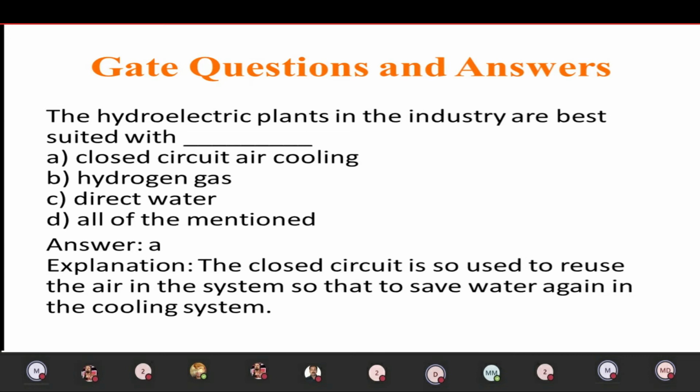So we do not require the high cost cooling types, that is hydrogen gas and direct water. Both are very high in cost, because hydrogen is a flammable gas. Another thing, we must protect the gas. It is a very light gas. Due to that, the maintenance is very high.